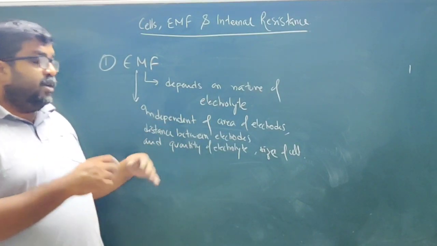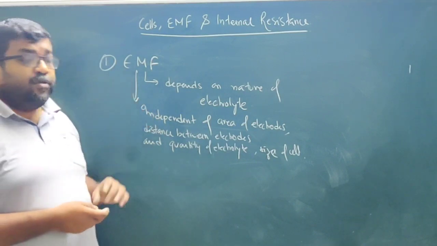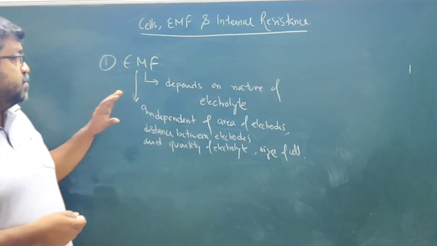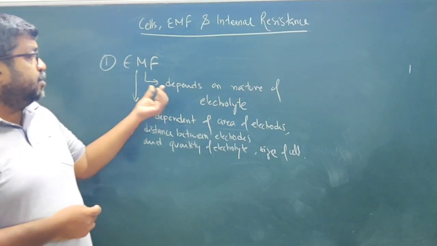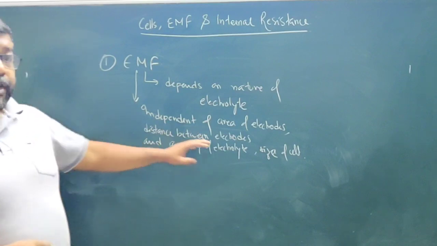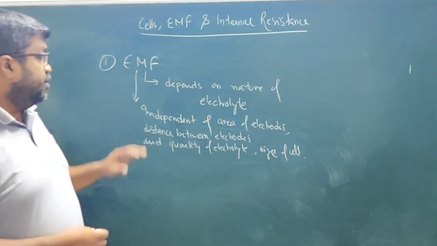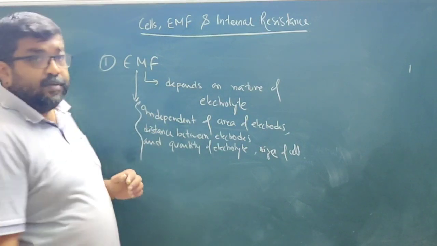Even if you increase the quantity of the electrolyte, EMF is not going to change. So this is one important thing. It depends on the nature of the electrolyte and is independent of area of electrodes, distance between the electrodes, quantity of electrolyte, and size of the cell.